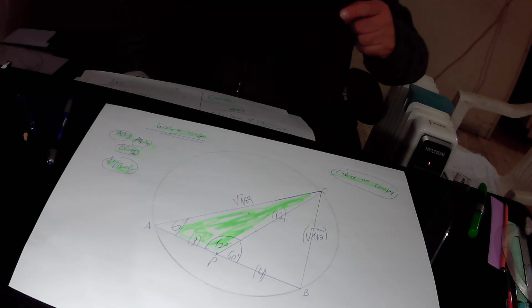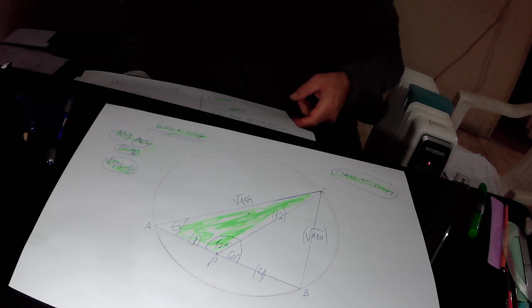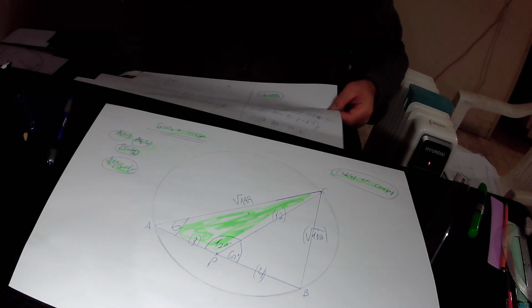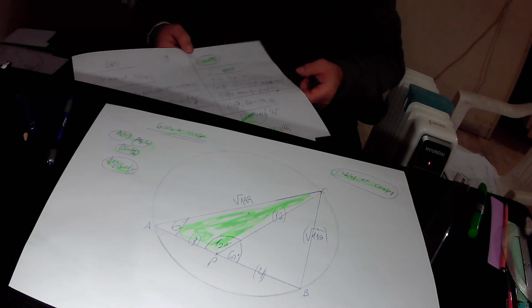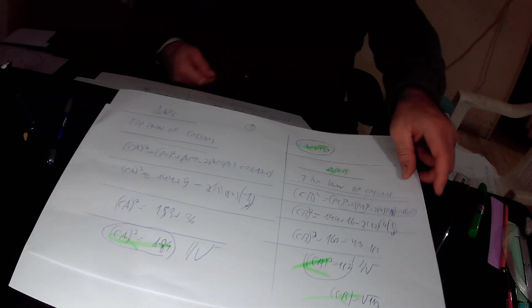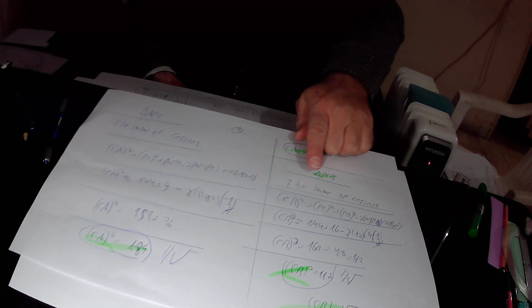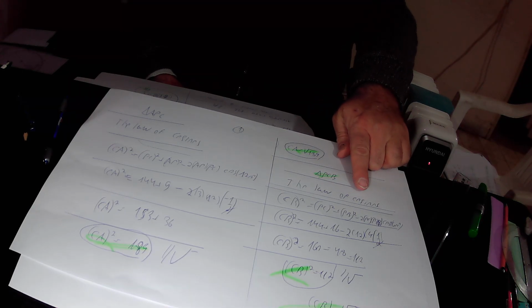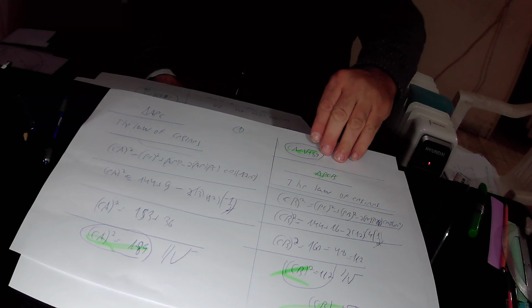Again, in this triangle CPB: CB squared equals PC squared plus PB squared minus 2 times PC times PB times cosine 60 degrees.